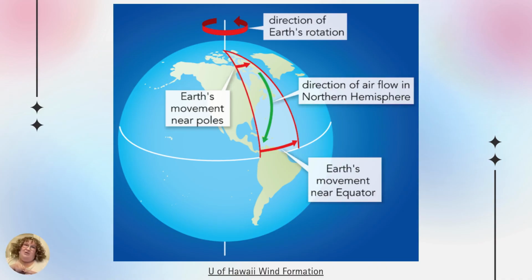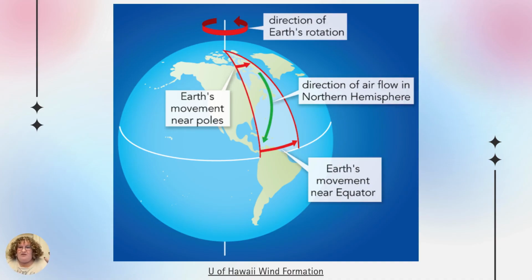Okay, that's why airplanes, when they have the paths on the maps that look really nice and pretty, it's always a little bit of a curve because they're also accounting for the fact that the Earth is moving underneath of it when they make their flight plans, right? So the air is doing the same thing.